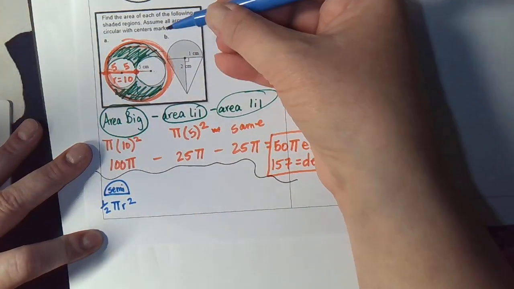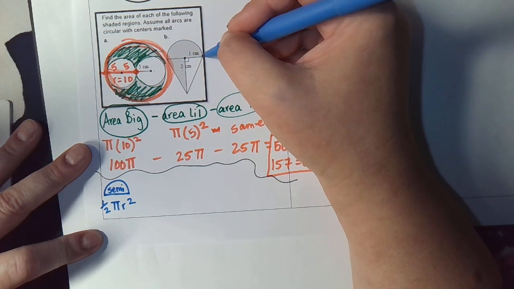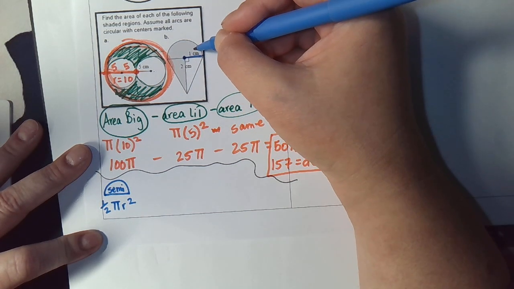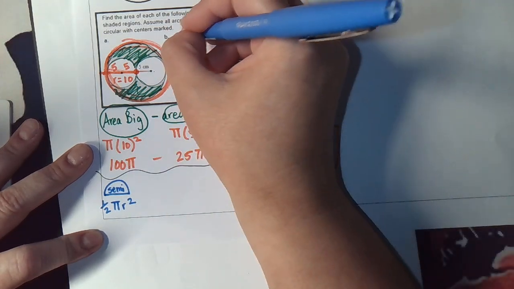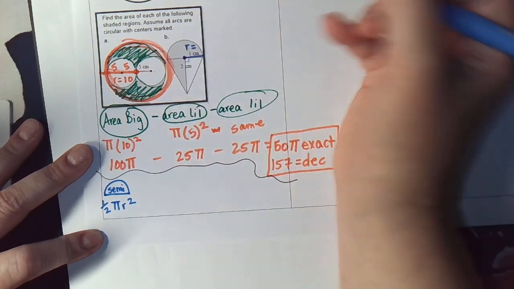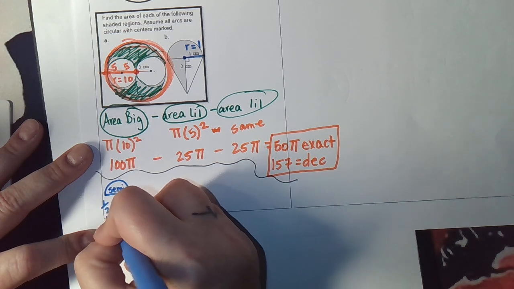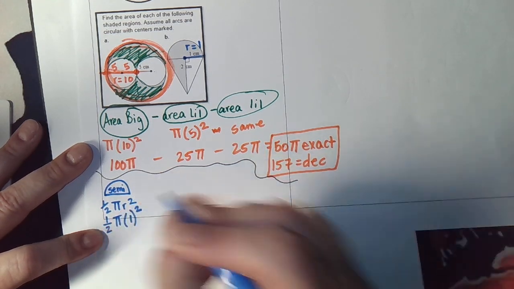Okay, so what is the r of this semicircle? It's from the center out to the edge, or 1.